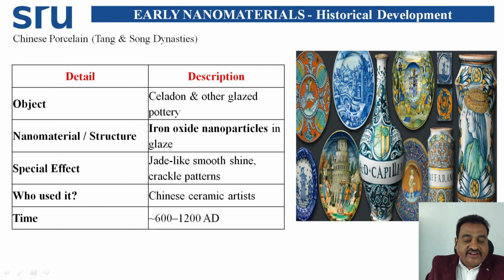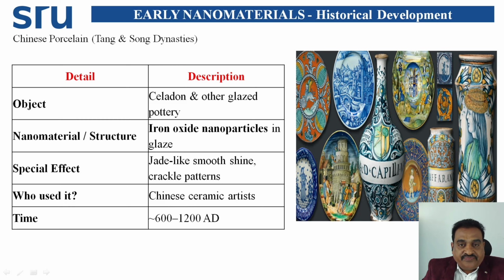Coming to this one, try to understand, Chinese, from the Tang and Song dynasties, achieved exceptional strength and nanostructured materials. These properties were influenced by nanoscale grain structures formed during high temperature processing.